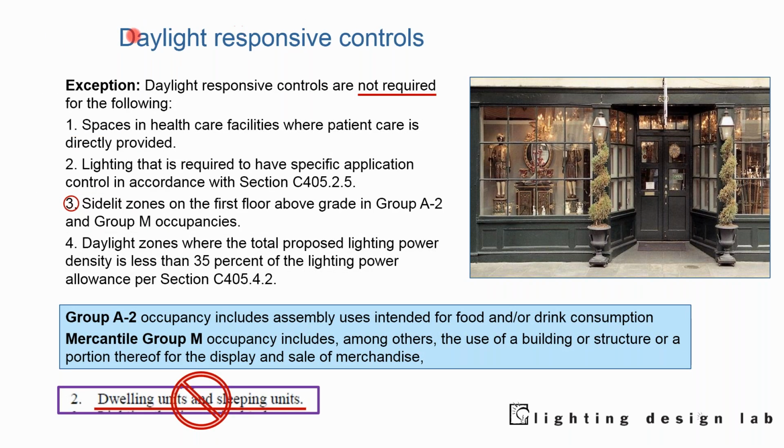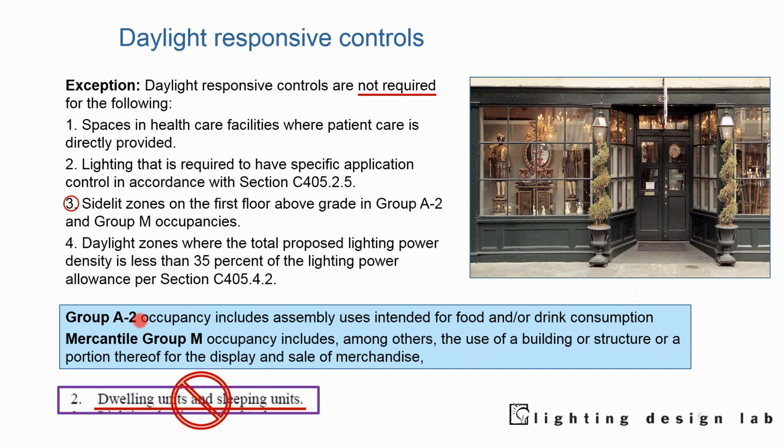So we are required in many areas, but some exceptions where they're not required are healthcare facilities, and lighting for specific applications, which they call out. But I thought this one is worth mentioning: side-lit zones on the first floor above grade in group A2 and group M occupancies.